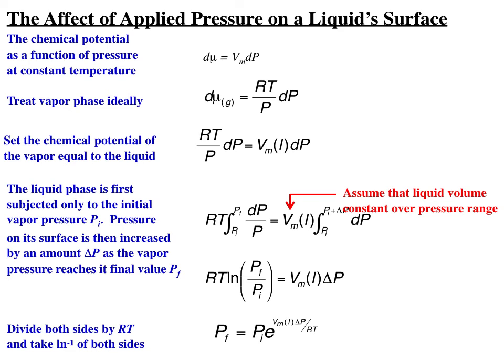Now what I'm going to do is move things around a little bit and write it in the form RT dP over P is equal to Vm of the liquid dP. And since again these are state functions, I will just go from Pi to Pf on both sides.